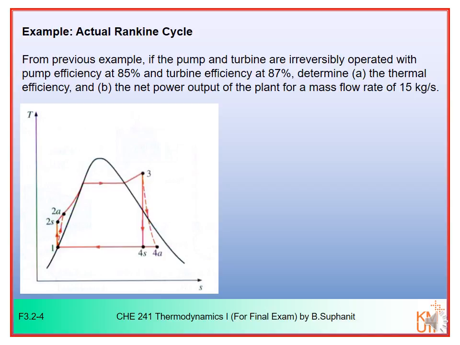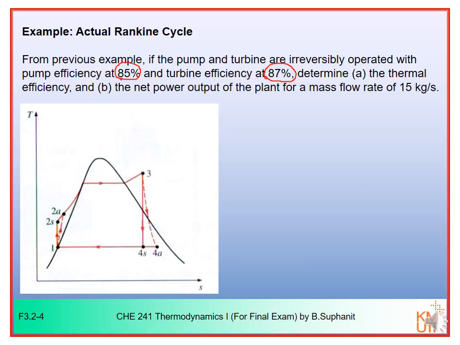Now let's have a look at a simple example to show you how to calculate the performance of an actual Rankine cycle. We will continue our work from the previous example, but in this case, pump and turbine are irreversible processes with pump efficiency of 85% and turbine efficiency of 87%.